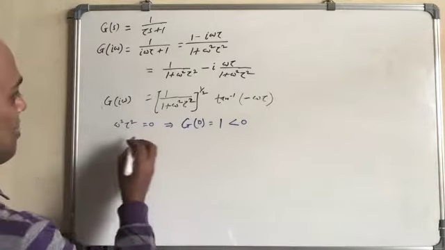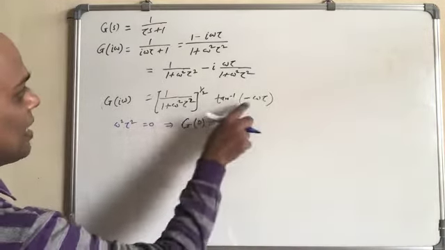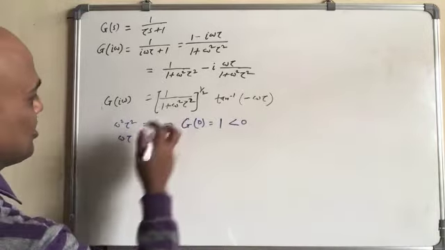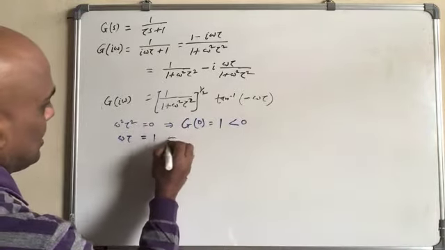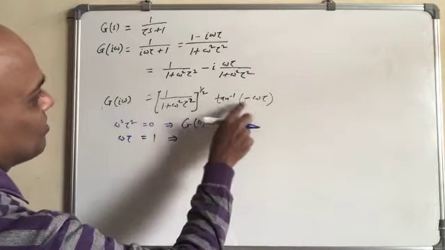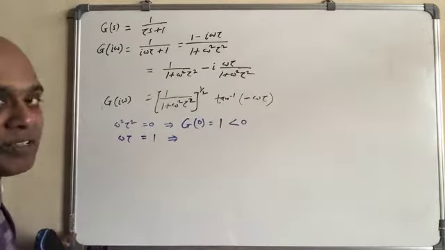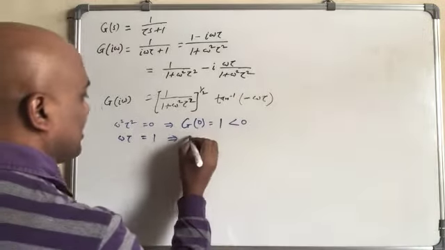Now let us say ωτ is equal to 1. Then we get tan inverse of minus 1, which is minus 45 degrees, as we also saw there.